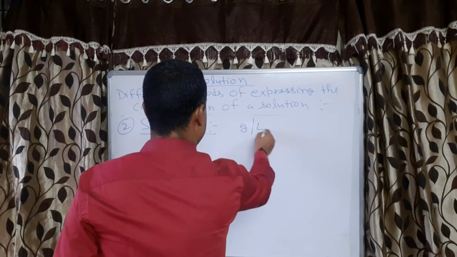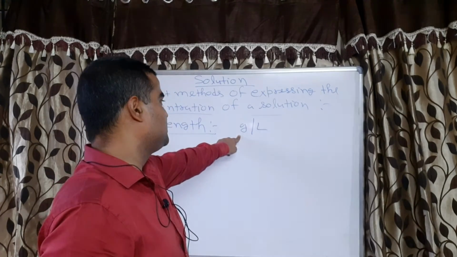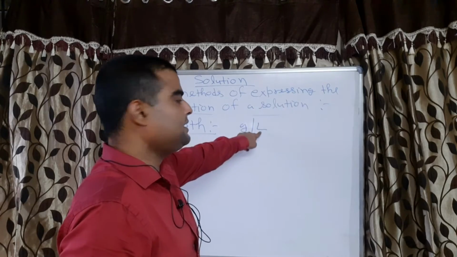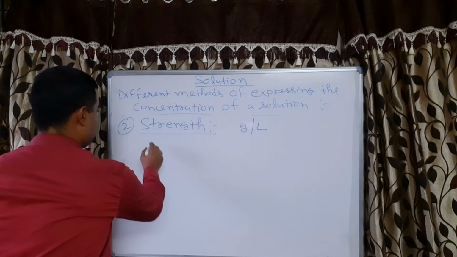Gram per liter. It means the amount of the solute in gram present in 1 liter of solution, that is called strength.